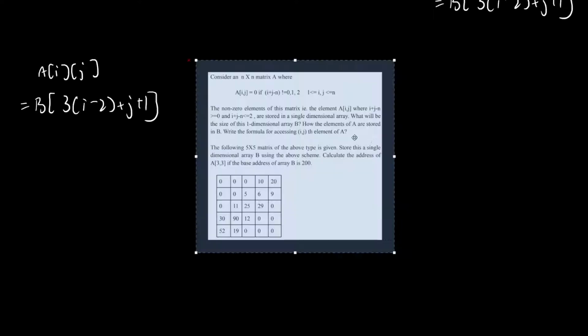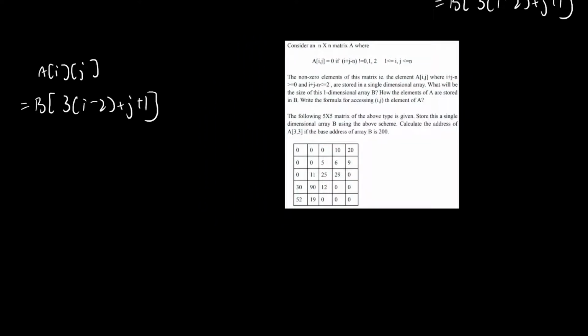Copy and paste it. So let us consider how that would be stored in B. This will be first entry, second, third, fourth, fifth, sixth, seventh, eighth, ninth, 10th, 11th, 12th and 13th. So there will be a total of 13 entries.